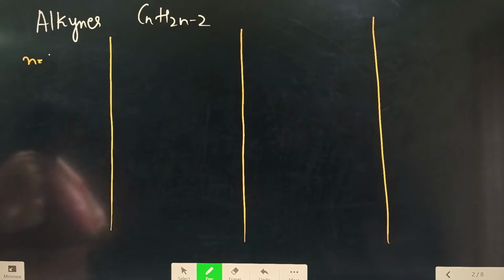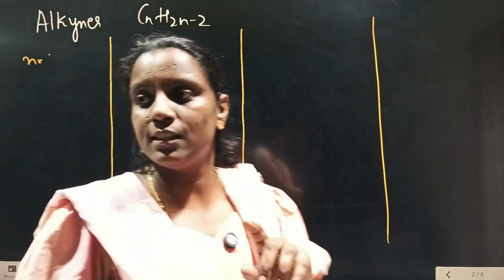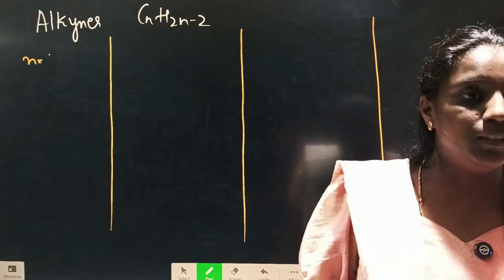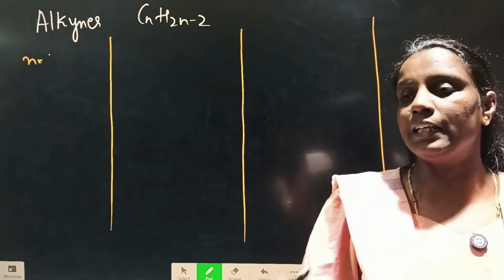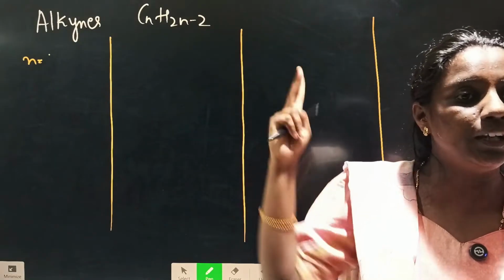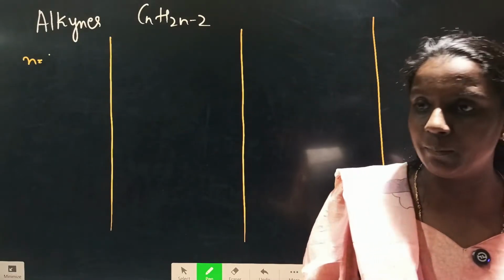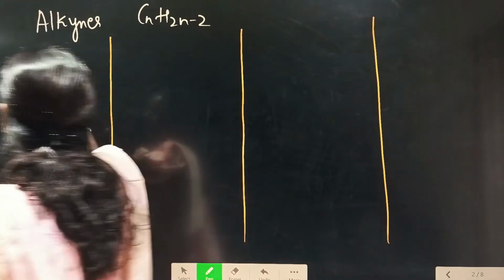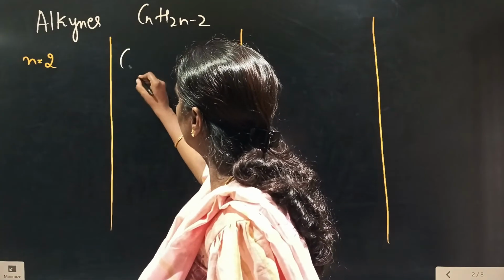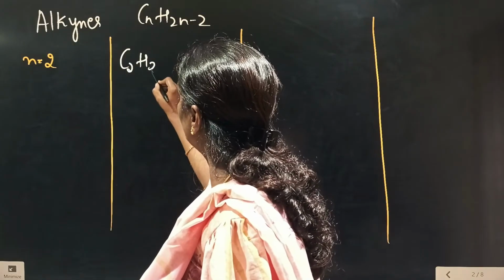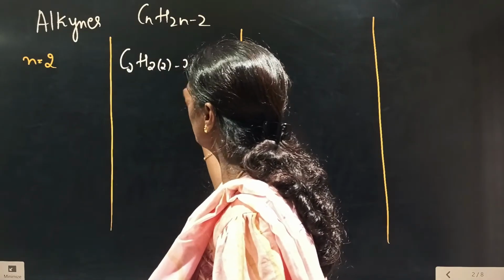First, you know that only in the alkanes, methane is going to exist. From the alkenes and alkynes, you have to go directly to the second carbon atom. So n is equal to 2. When I take the molecular formula, C2H 2 into 2 minus 2, right?